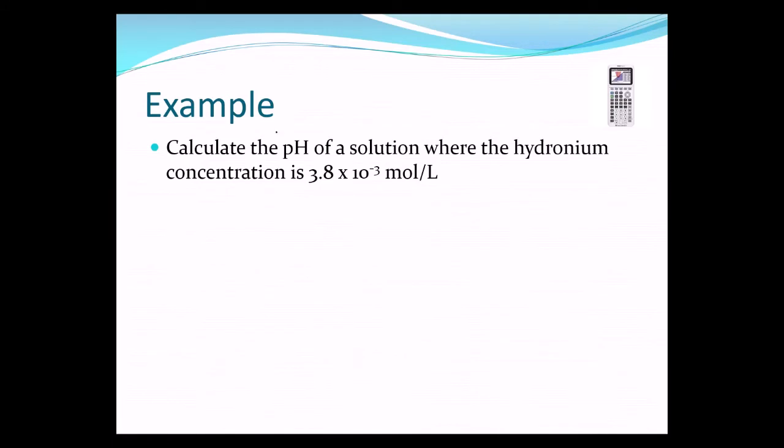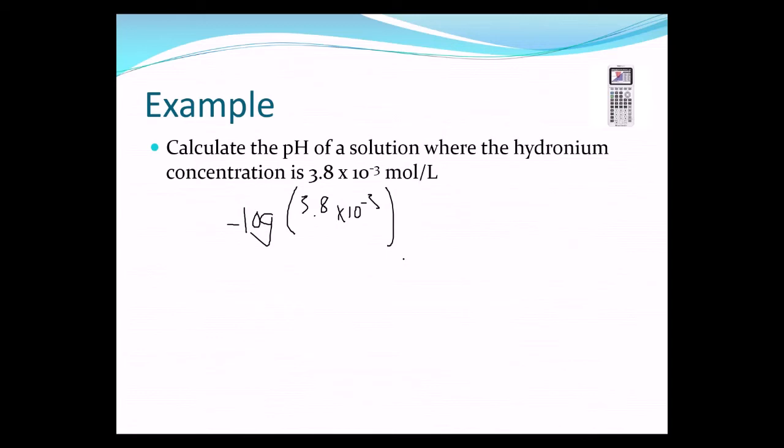So we can do this calculation on the calculator. What you need to type in is negative log of the concentration of hydronium ions, so 3.8 times 10 to the negative 3. Oh, I don't have my calculator.